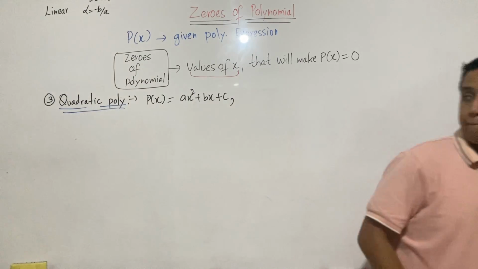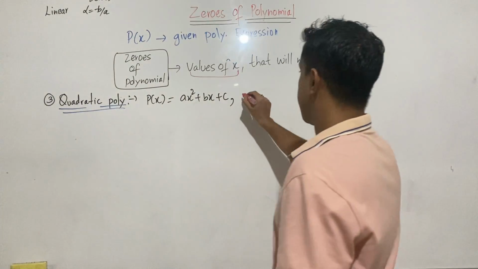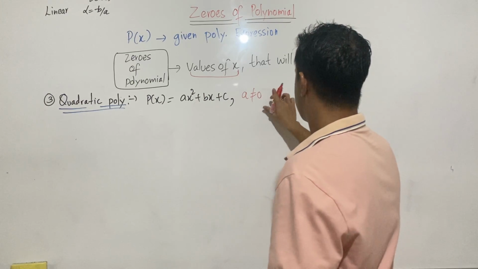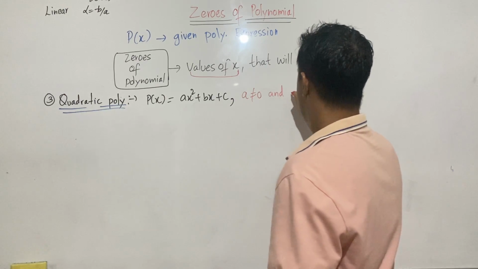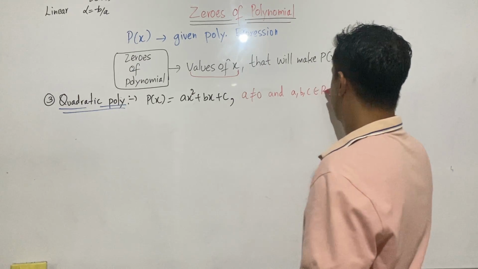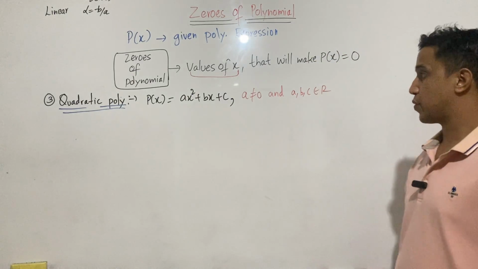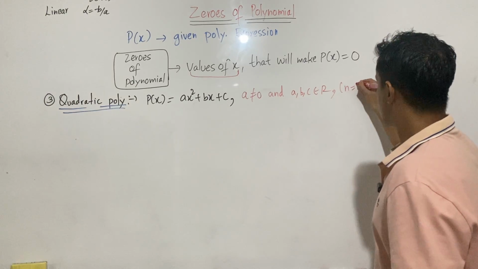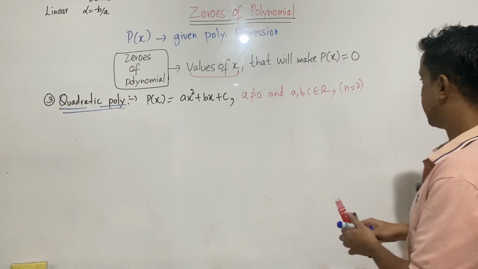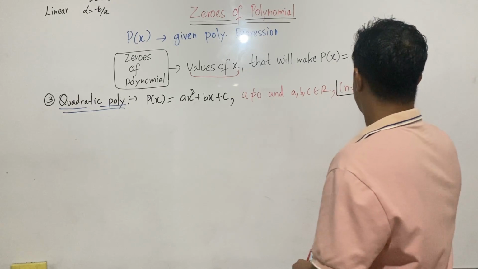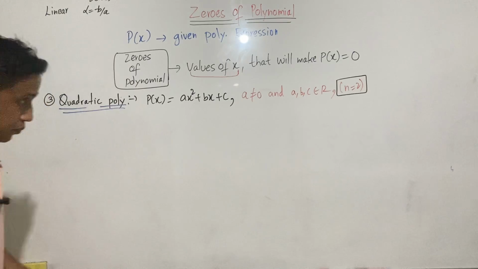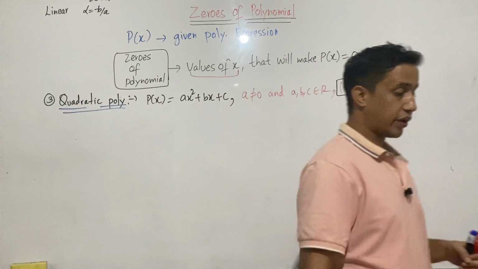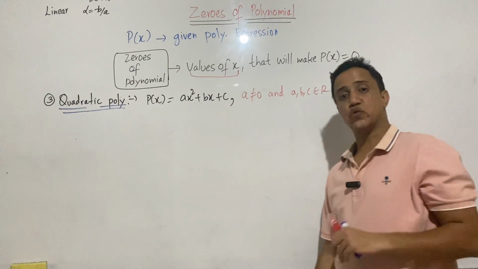Where a must not be equal to 0, a, b, c are real numbers, and also n is 2, where n means the degree.